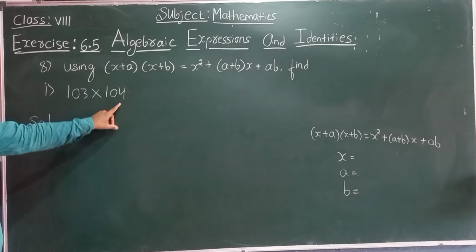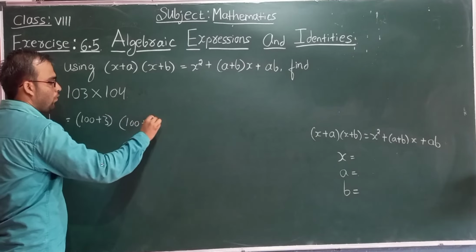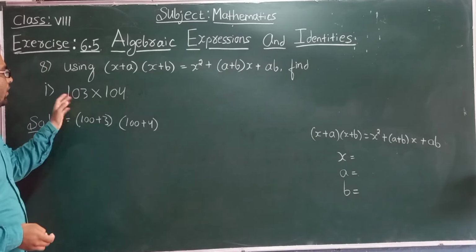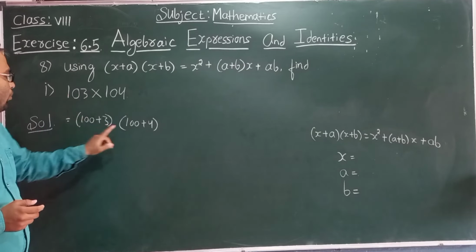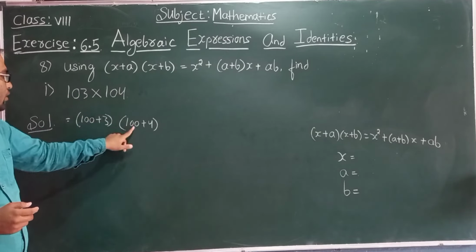So here students, this one 103 can be written as 100 plus 3. Okay, next into 104 can be written as 100 plus 4. Students, here this kind of questions you have to separate such that both first places should be same.